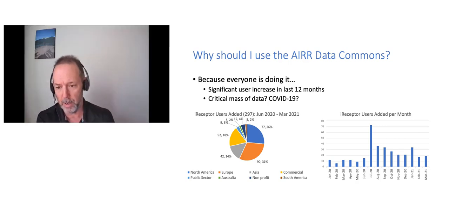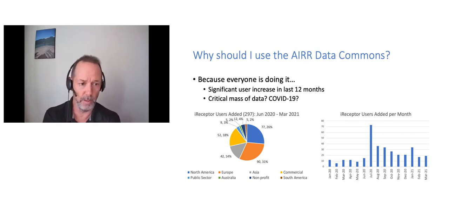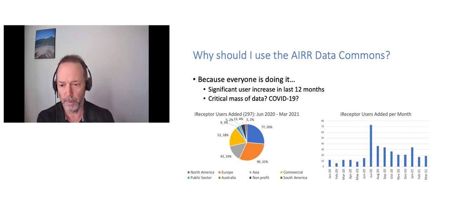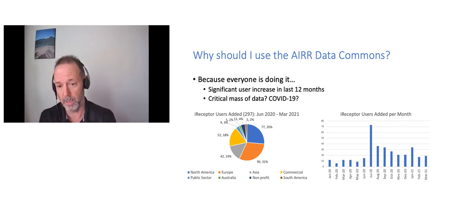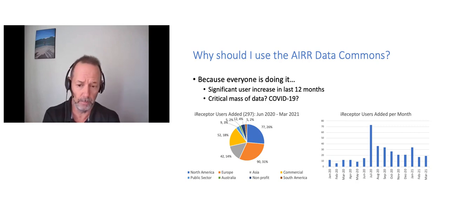Previous to the COVID data influx, we would typically get 2 to 4 users a month, so maybe 20 new users in a good month on the AIRR receptor platform. When we made the announcement about the COVID-19 data in July of 2020 alone, we had over 70 new users join the AIRR receptor gateway and have access to that COVID data. And as you can see, the new users have stayed high ever since that time.